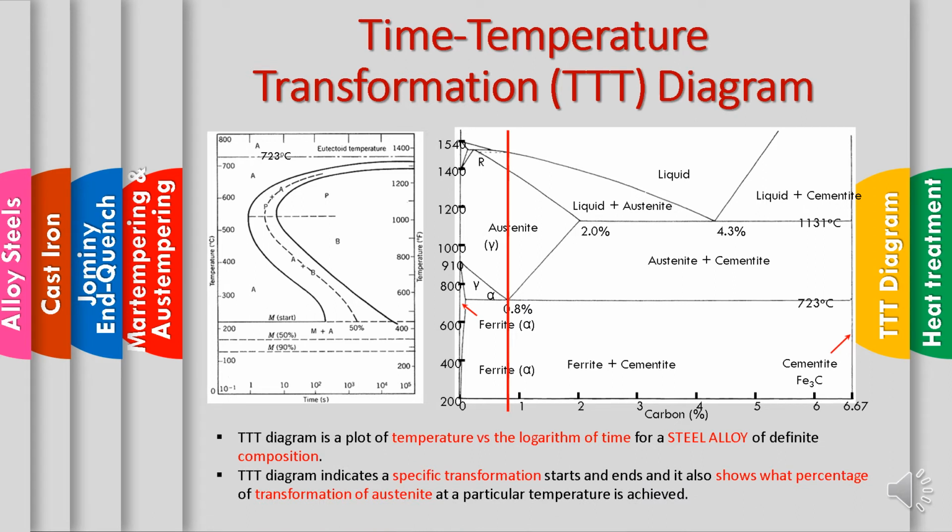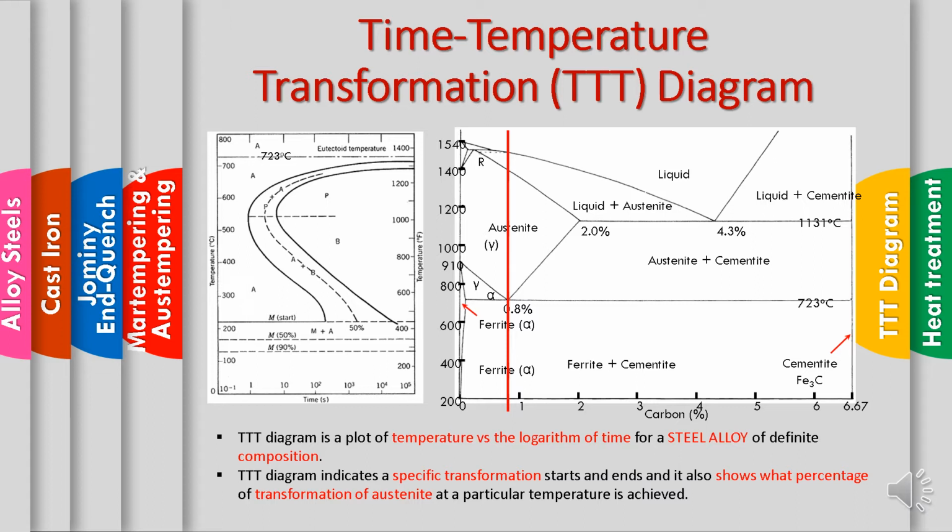The TTT diagram indicates a specific transformation start and end, and it also shows what percentage of transformation of austenite is achieved at a particular temperature, for a certain composition.